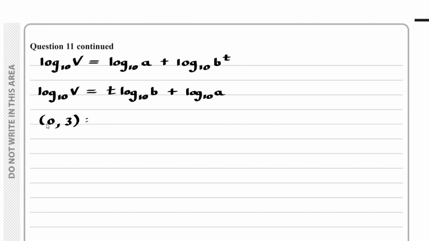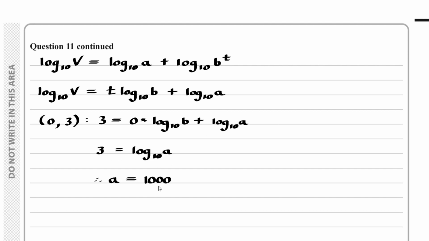So if we consider the point 0, 3, we've got a t coordinate of 0 and a log base 10 of v coordinate of 3. So we have 3 equals 0 multiplied by log base 10 of b plus log base 10 of a. So we have 3 equals log base 10 of a, which means a is 1000.